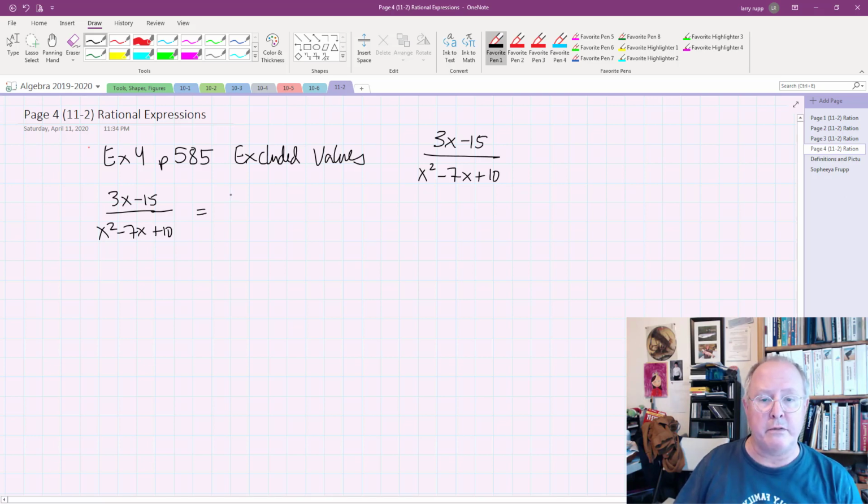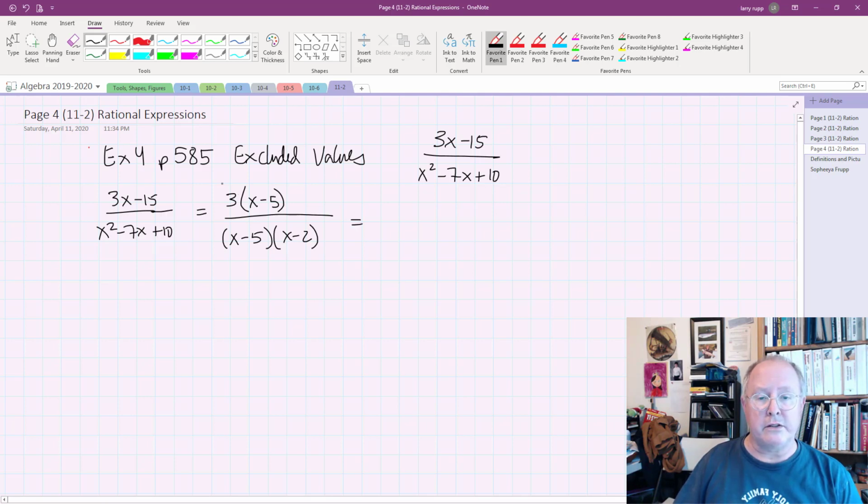How do we factor that? Well, we can pull a 3 out. That'll give us 3 times the quantity x minus 5. All over, what are the factors of x squared minus 7x plus 10? So we have x minus 5, x minus 2.